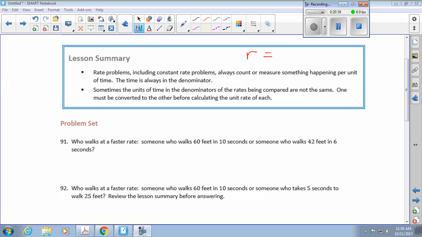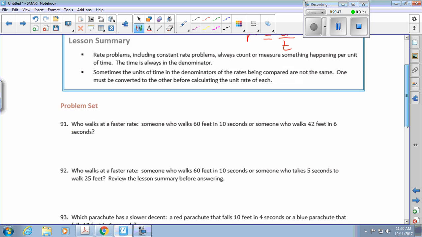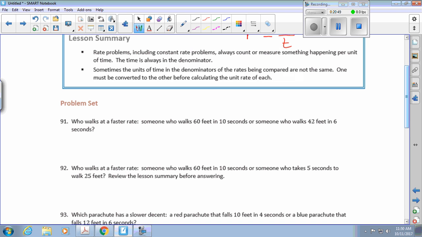So we're going to say rate equals distance over time, okay? So, for example, in question 91, it says, who walks at a faster rate? So we're looking for the higher rate here. The person who walks 60 feet, that's our distance, in 10 seconds, which is our time, right? So we've got to find out what that person's rate is. So we're going to say rate equals distance over time.